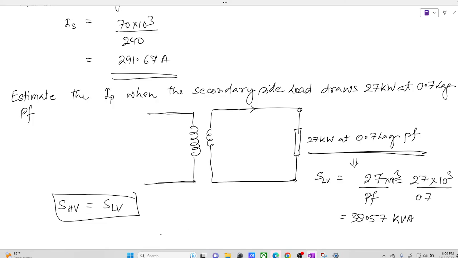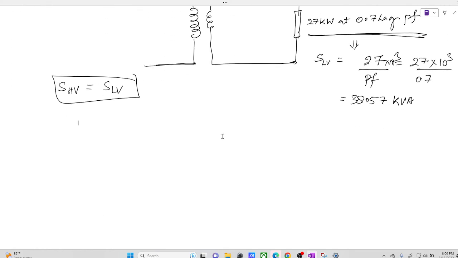Now you have to calculate the primary current. So IP, sorry, this is HV, this is LV. SHV will be VH, the high voltage, into I primary conjugate.